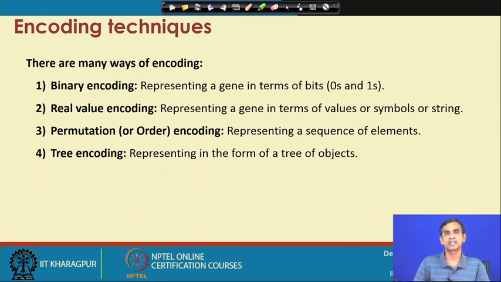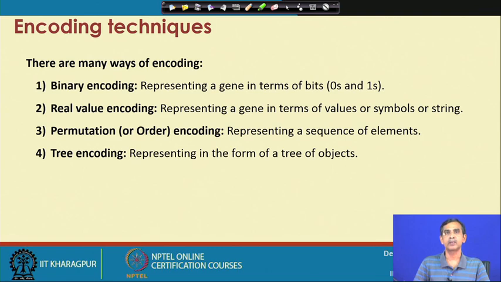Now, ordered GA is a special case of encoding. It is not required to solve all problems, but there are some problems where the sequence of elements matters. If it is a problem like this, then we can encode that kind of problem using the order encoding scheme.